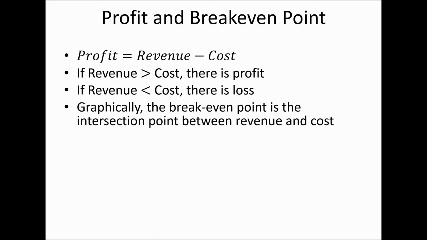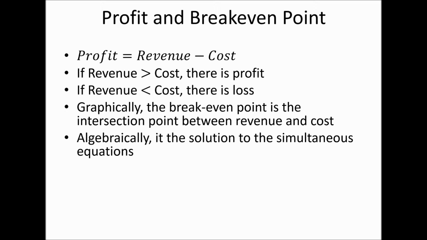Pretty straightforward. What this means graphically, to find that break-even point, which remember is where profit equals 0, the break-even point is the intersection point between revenue and cost functions. And algebraically, it's the solution to the simultaneous equations for revenue and for cost.